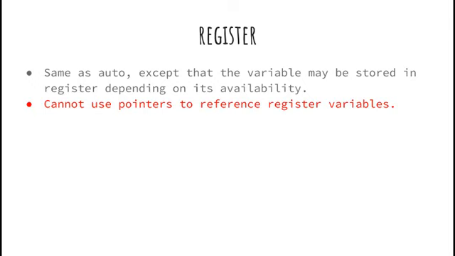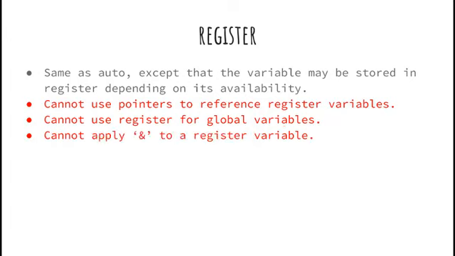We also cannot use the register storage class specifier when declaring objects in global scope. That's the same as auto. And since a register does not have an address, you cannot apply the address operator to a register variable. So that's it. In the next video, we'll be studying static and extern storage class specifiers.